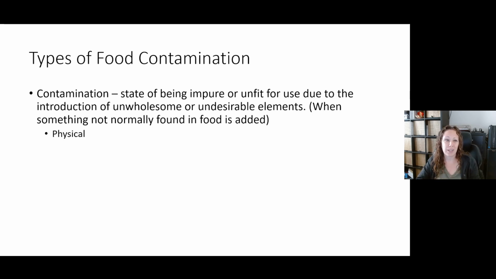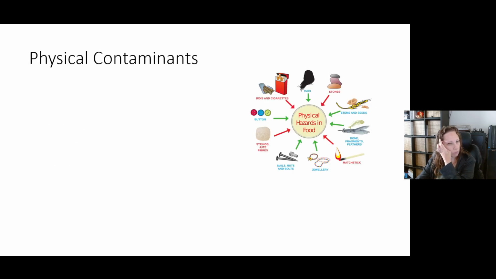So the 3 types of contamination, or the 3 types of hazards that we find in food, are physical, chemical, and biological. I will briefly overview physical and chemical. Physical we'll go through pretty quickly. And then we'll get into the biological, and that's where we're focusing more on the microbiology.